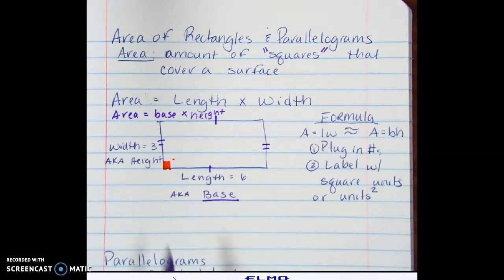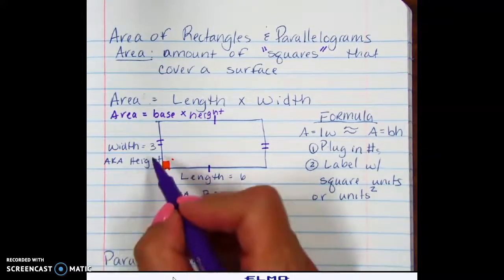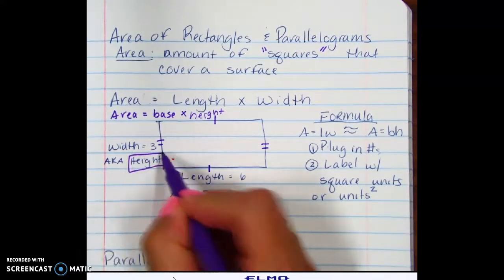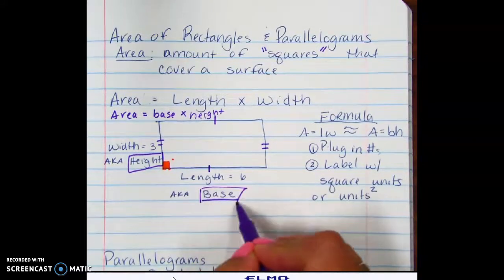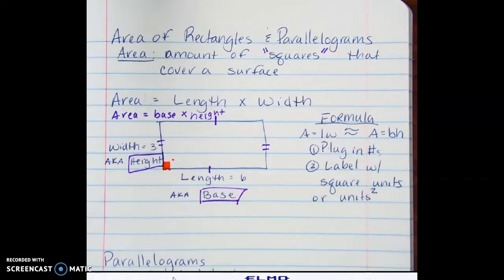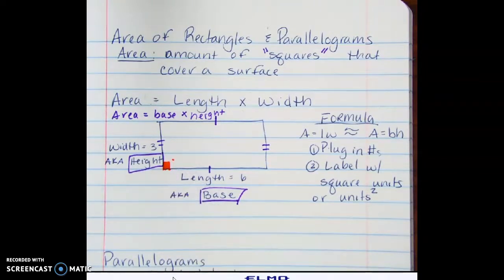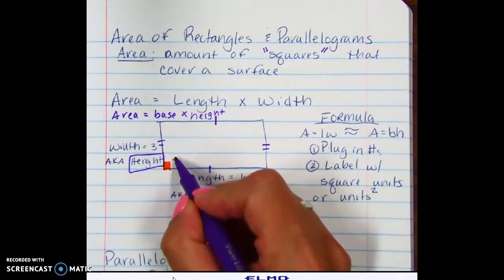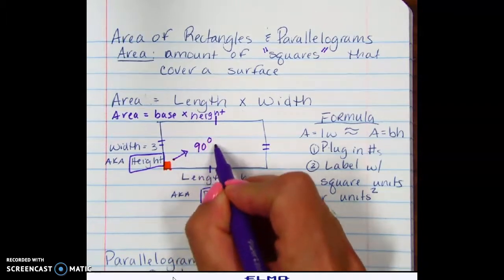Now, right here, we have the width or height, let's stick with height, equals 3, and the base equals 6. If you notice right here, do you notice that I have a little square here? Well, that square indicates that this is a 90-degree angle.